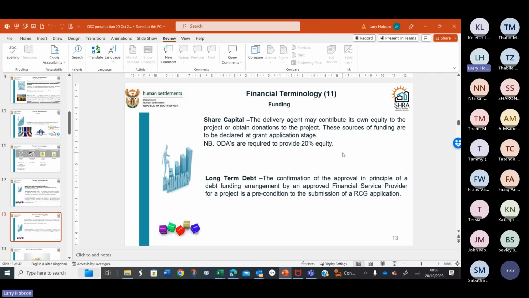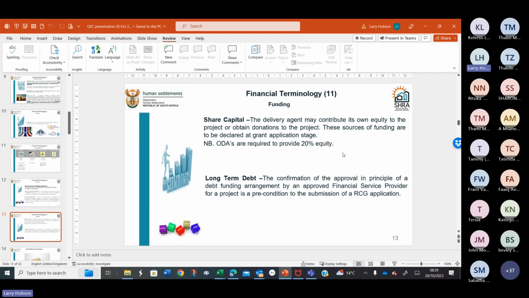That can either come from your own cash resources, or from a piece of land that's been brought into the project and been valued. And if that value is 20% of the total development value that's going to be funded, then you can use that as equity as well.